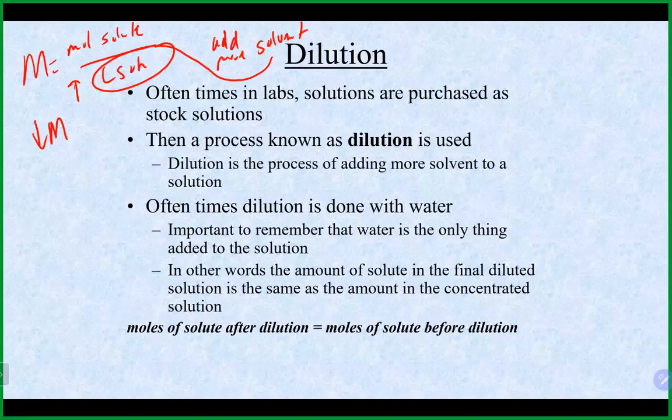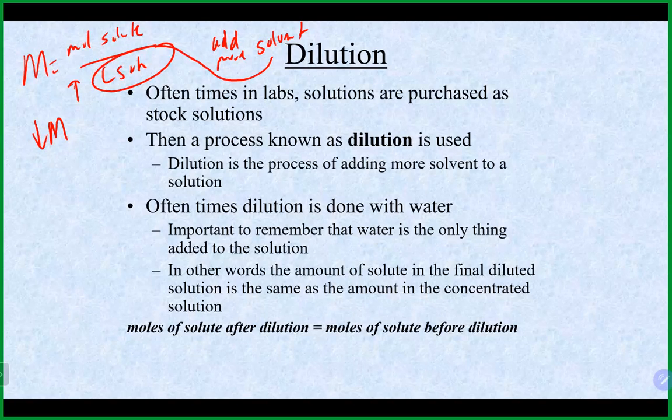So the thing that it really doesn't change is actually the solute in that solution. However much solute you have floating around in there is what you have floating around in there. But the concentration will change because you basically dilute it down, say, with a lot more water. So the moles of solute before the dilution and after the dilution will be the same. It's just the solvent that you're adding to basically lower the molarity in a lot of cases.